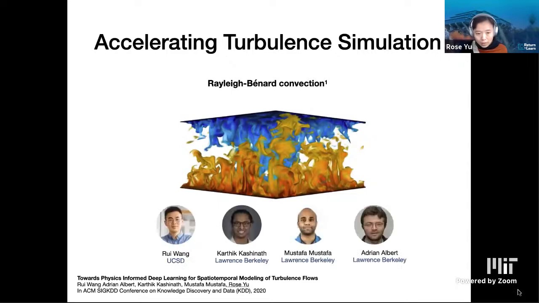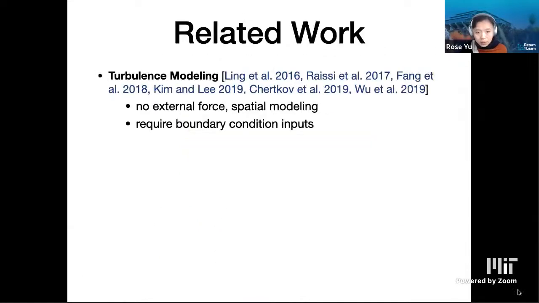This is work led by my PhD student and our collaborators at Lawrence Berkeley National Lab. There's vast literature in turbulence modeling. In the traditional CFD community, people usually design CFD-based methods such as Reynolds averaging to numerically solve the differential equation, which obviously takes forever. There's some recent interest in the turbulence community in physics-informed deep learning, but they're quite limited because some of them require no external force, and some of them only model the spatial dependency without considering the temporal dynamics.